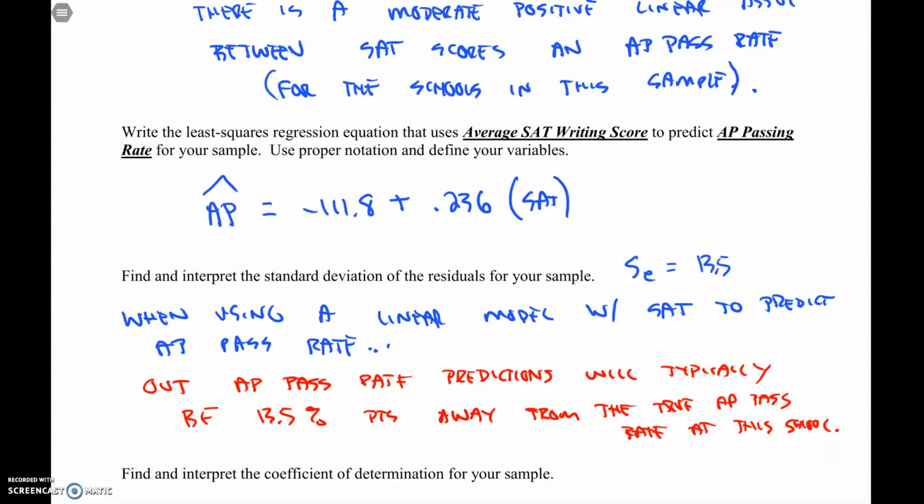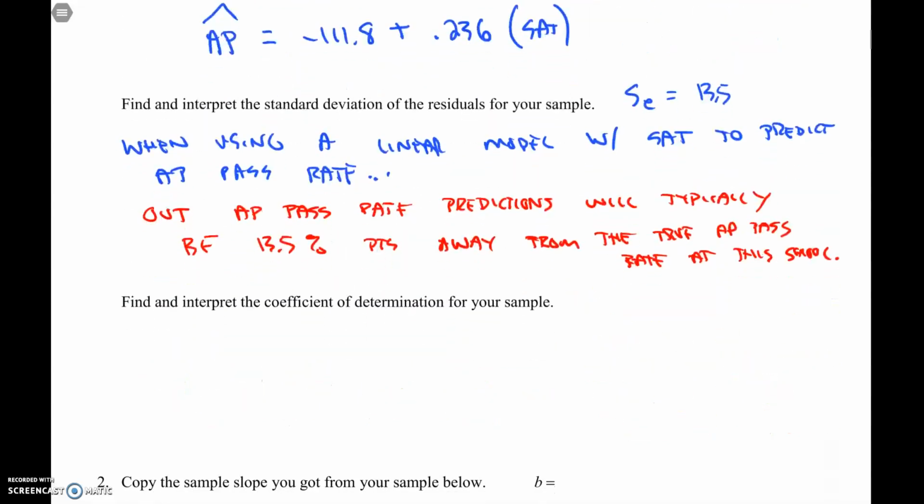So I might predict that the school passes 40% of their AP tests, but on average, I'm going to be 13.5 points away. Maybe I'm 5 points away, maybe I'm 20 points away, but on average, about 13.5.